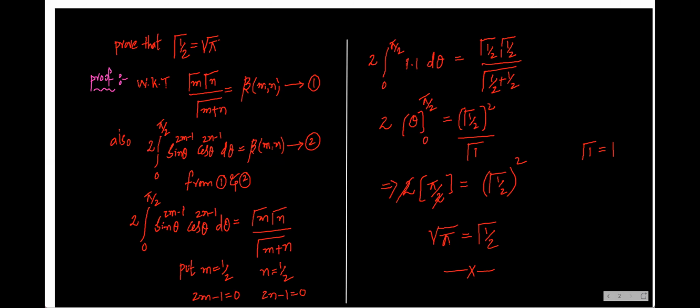22, 23, 24, 25, 26. 26 is there, no? Not there. 27, 28, 29, 30, 31, 32, 33, 34, 35, 36, 37.